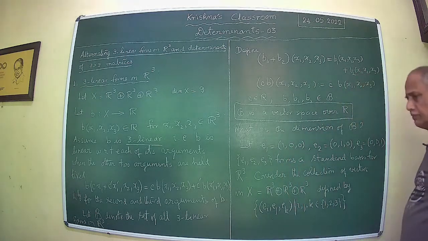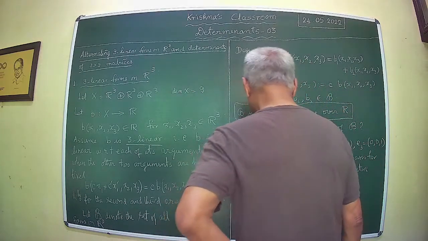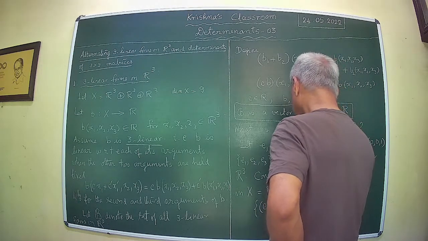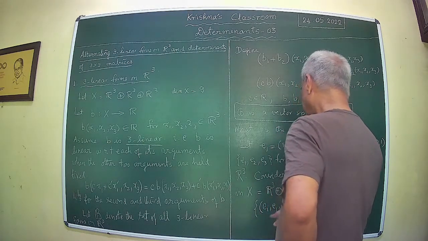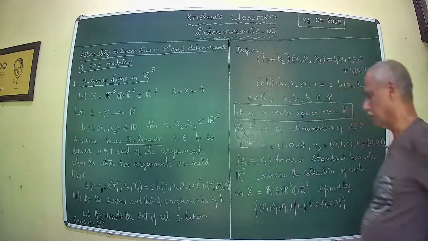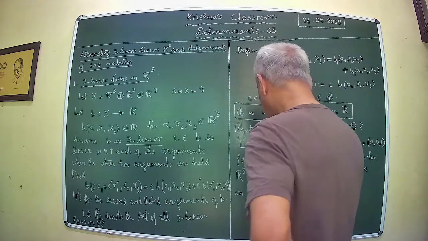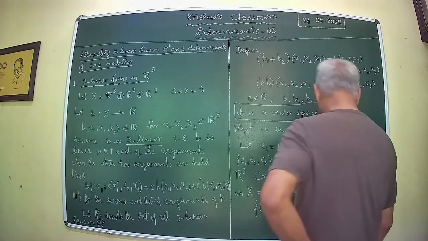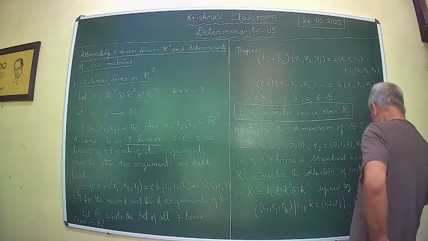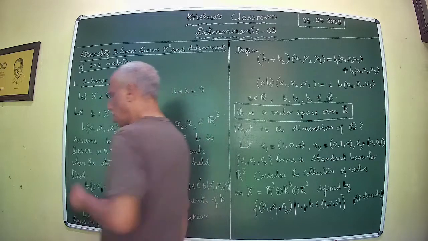That means you have got E1, E1, E1, then E1, E1, E2, or E1, E2, E1, E1, E1, E3, etc. Okay. So how many such choices are there for each place? There are 3 choices. Therefore, there are 27 such vectors. Three to the power 3 elements are there.